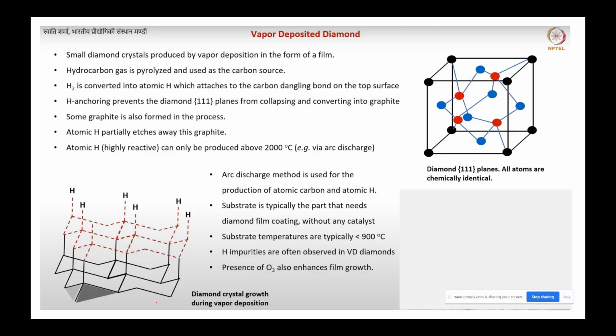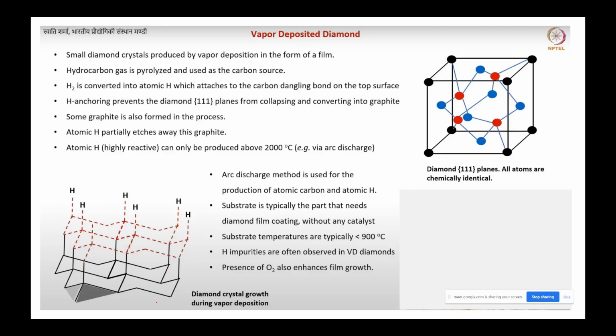You can see on the right hand side the diamond plane, where all atoms are chemically identical. The H anchoring prevents the diamond 111 plane from collapsing and converting into graphite. Some graphite is also formed in the process. Atomic hydrogen partially etches away this graphite. Atomic hydrogen can only be produced above about 2000 degrees centigrade via discharge.